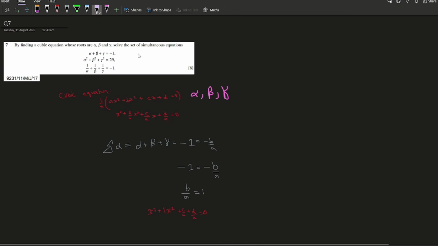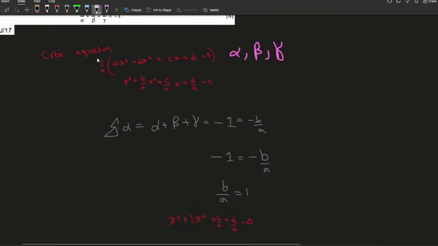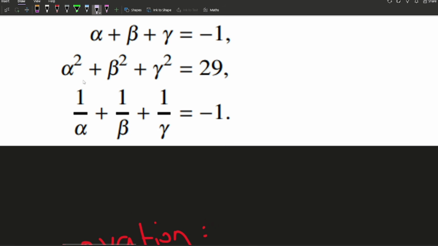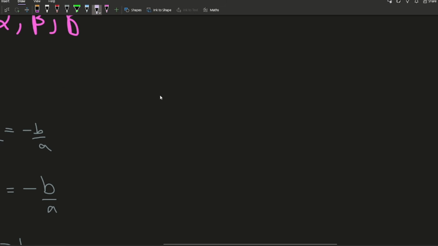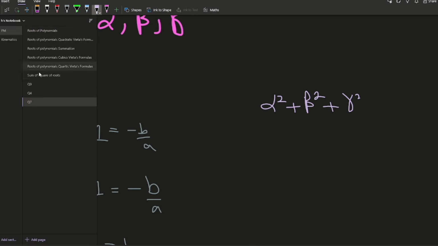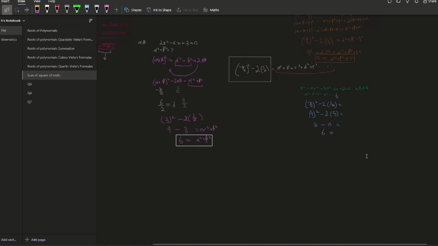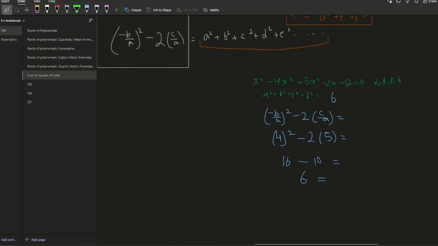In the last class we learned how to deal with the sum of squares of roots. It follows a pattern: alpha squared plus beta squared plus gamma squared. Whenever we have an equation like this, it will always follow this pattern.